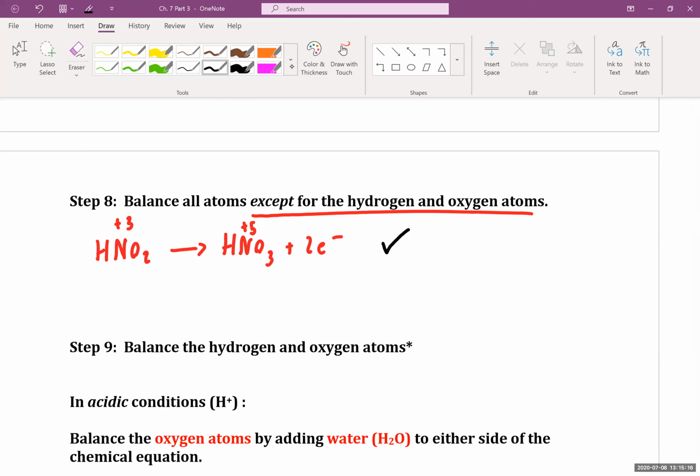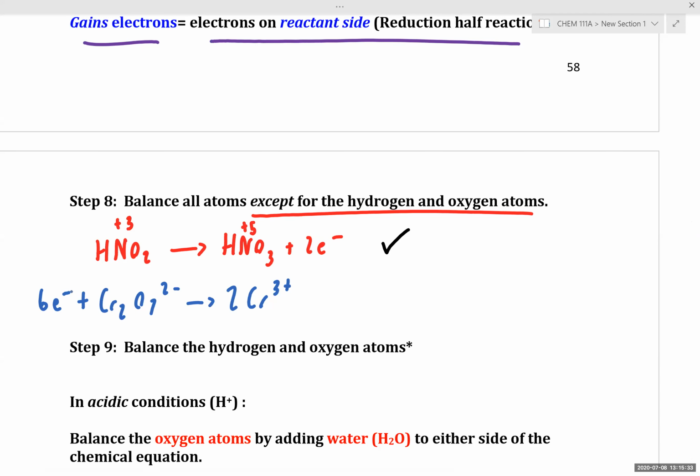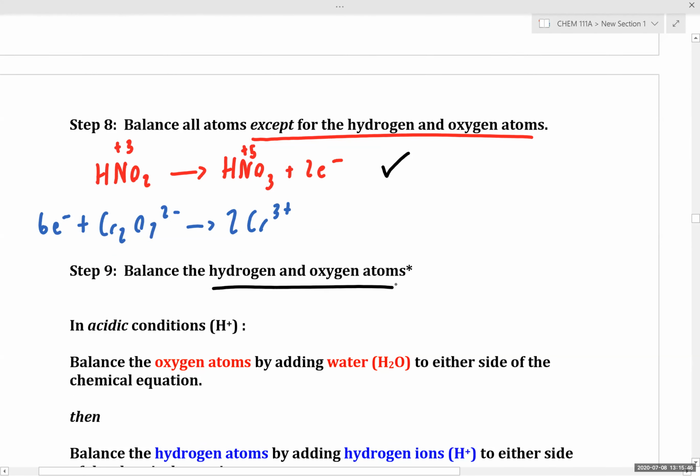Okay, now looking at dichromate. So we have Cr2O7 2-, leading to 2 chromium 3+ plus 6 electrons. Are all of our non-hydrogen, non-oxygen atoms balanced for this reaction? Yes, okay, perfect. So now what we have to do is balance the hydrogen and oxygen atoms.